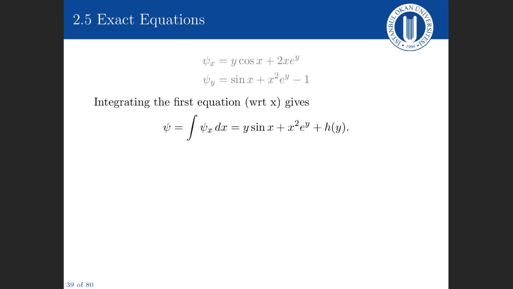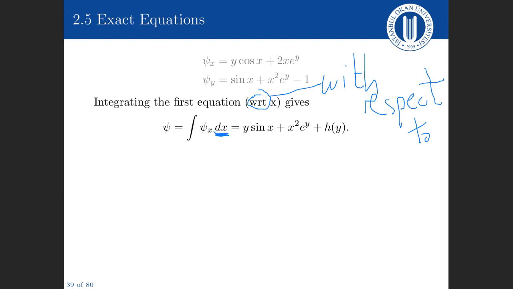I'm going to take the first equation and integrate it with respect to x. WRT is a common abbreviation for with respect to. In other words, when we do the integral, we're going to integrate with dx on.